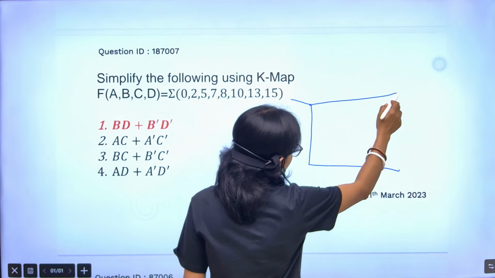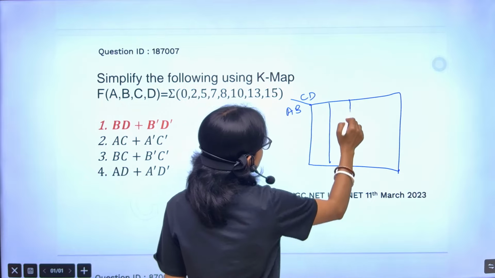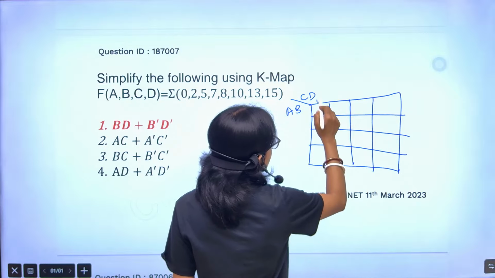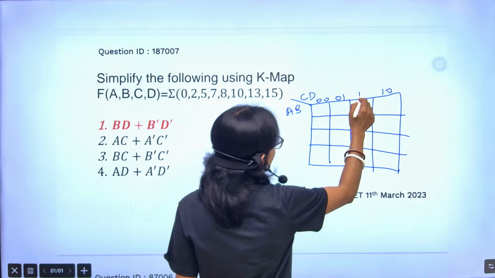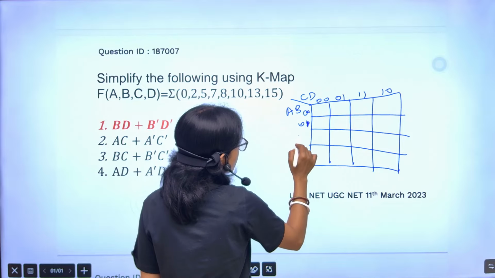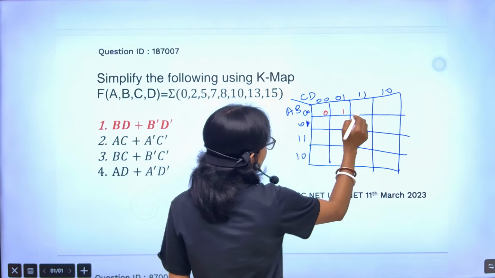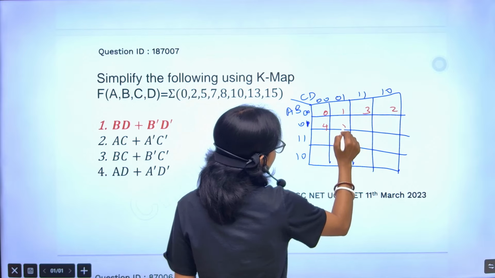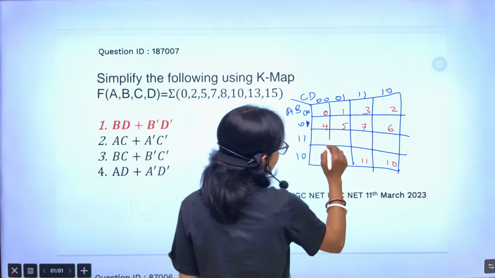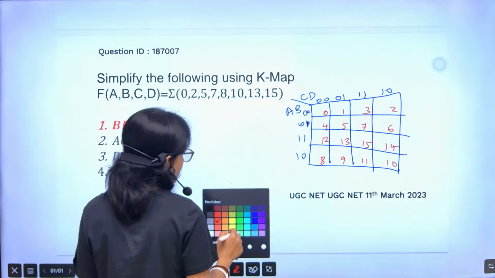Draw the K-map A, B, C, D. Cell values are 0 to 15.